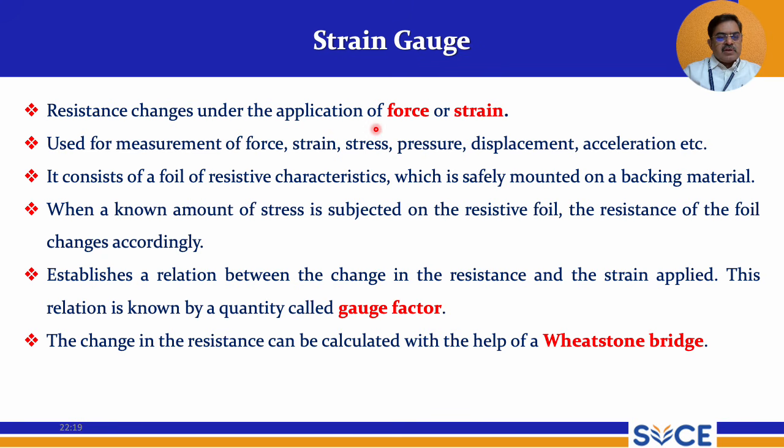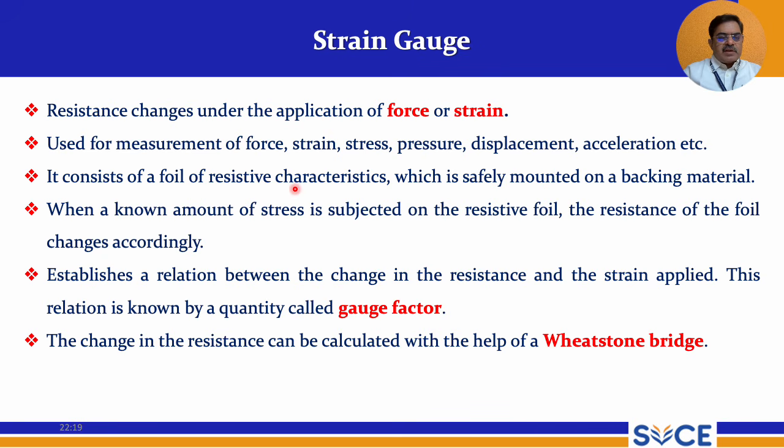This is the basic principle of strain gauge, used for measurement of force, strain, stress, pressure, displacement, acceleration, etc. So many parameters we can measure using strain gauge. That is the biggest advantage of using strain gauges.